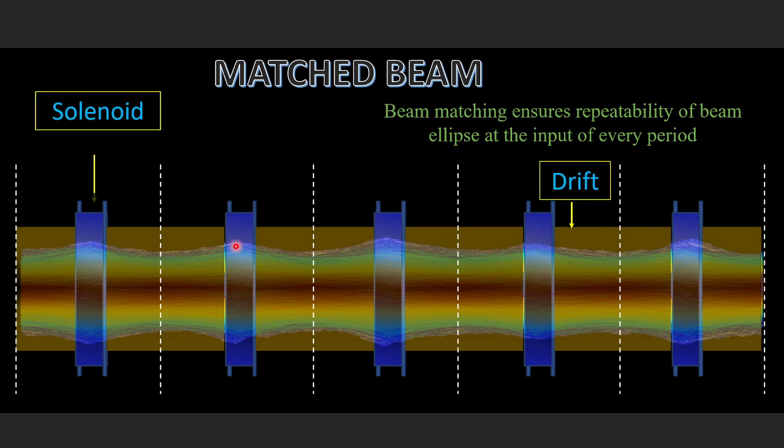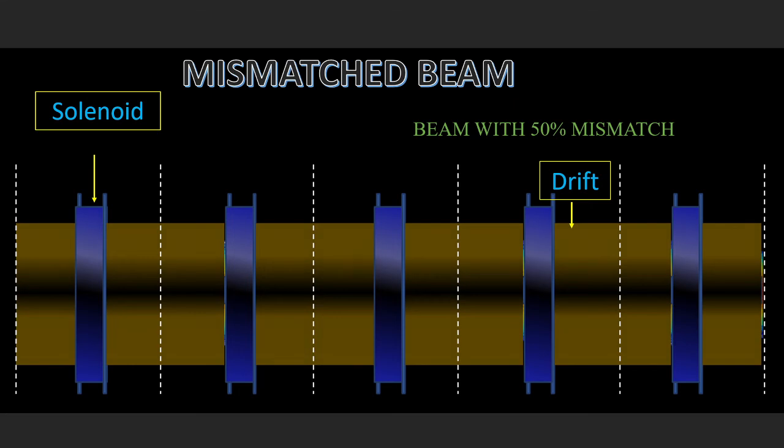Now, what happens when we don't have a matched beam? Let's see that as well. Again, we have the same 5 periods of our lattice, and now we are introducing a beam mismatch of 50%.